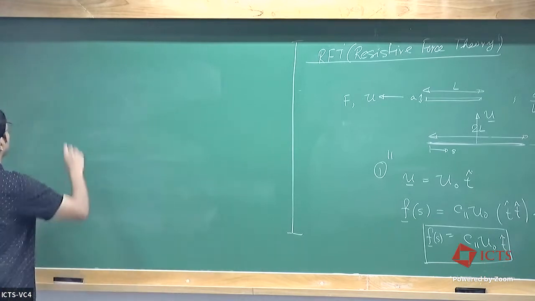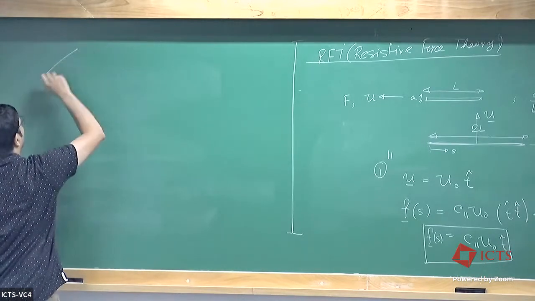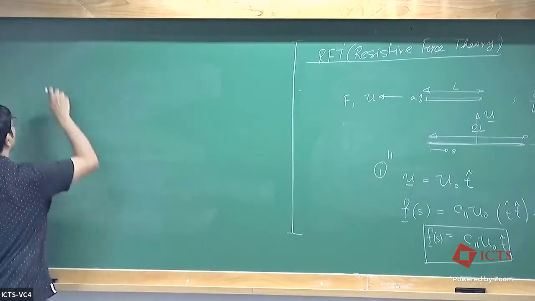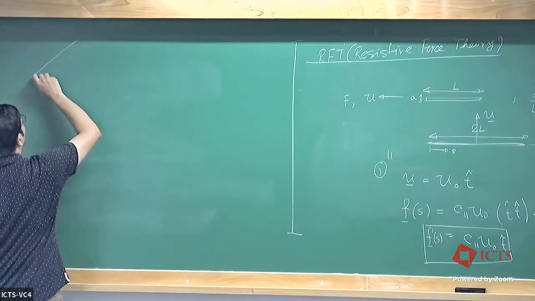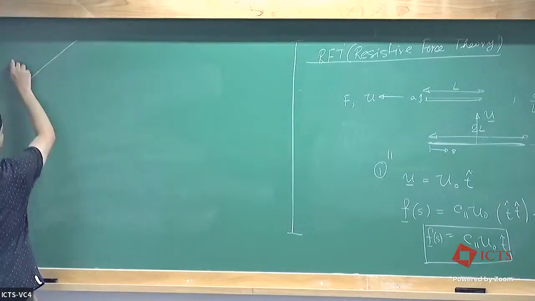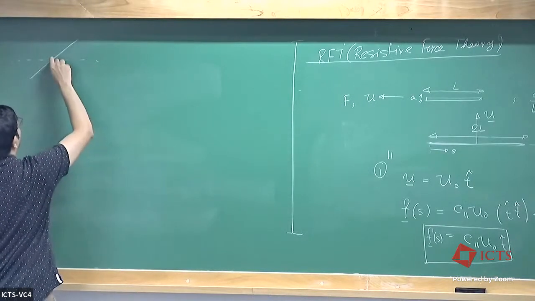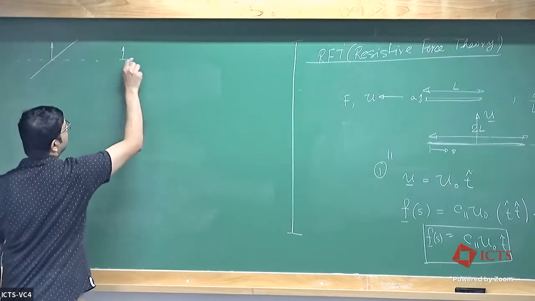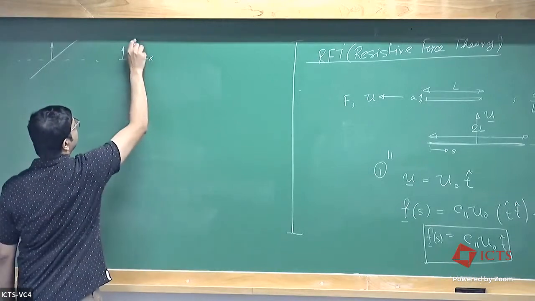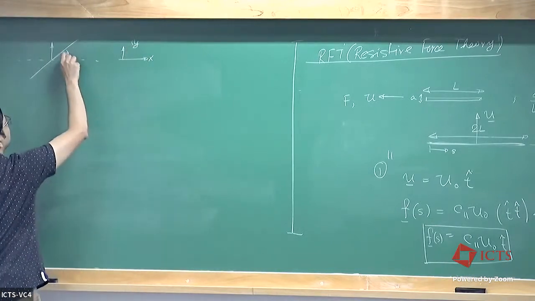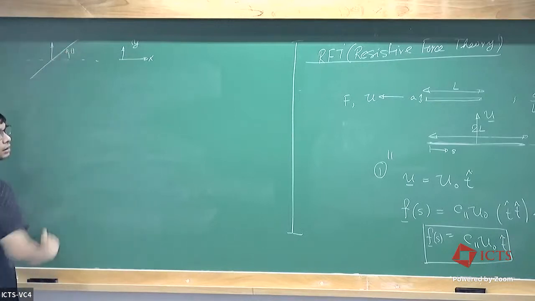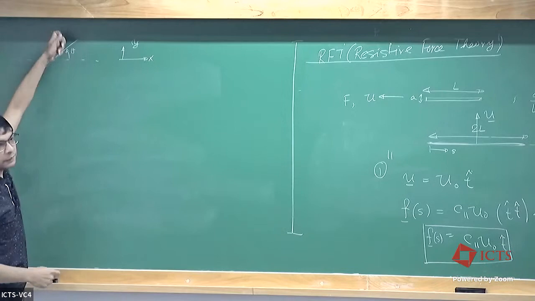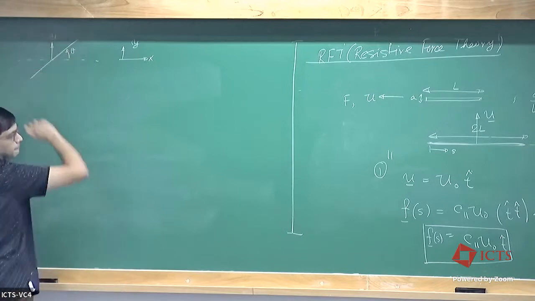Okay, suppose I have this rod and this thing is moving. So this is x, this is y, this is theta, and this object is moving upwards with some velocity u.